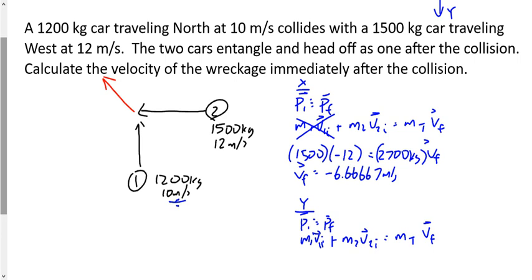So we're going to say m1, 1,200 times 10 plus, oh wait, what's V2i? 0. 12 meters per second, but it's all on the x-axis. None's on the y-axis. Equals 2,700 times VF. That's 12,000 on the left side. 12,000 divided by 2,700 is 4.444.